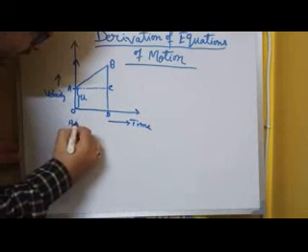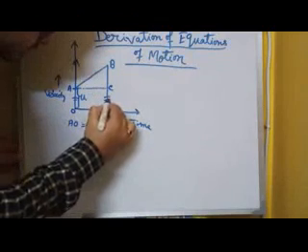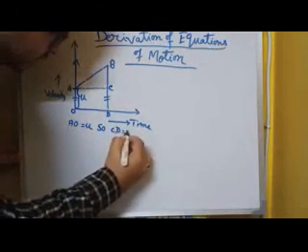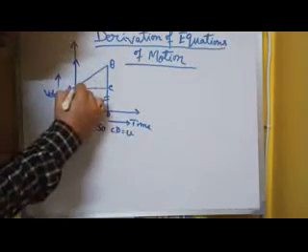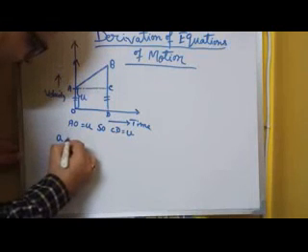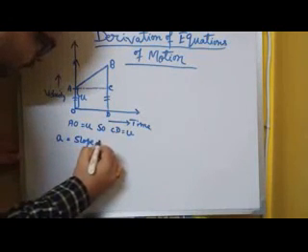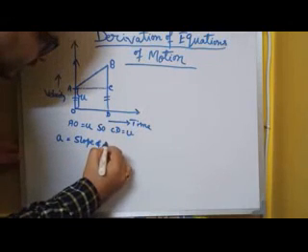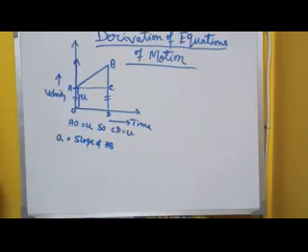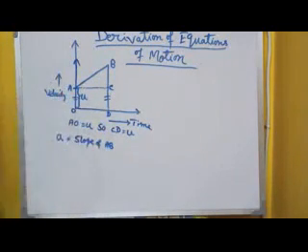AO is equal to U, that means this one is equal to this one, so CD is also equal to U. Here the slope is A, acceleration. The acceleration is equal to the slope of AB.